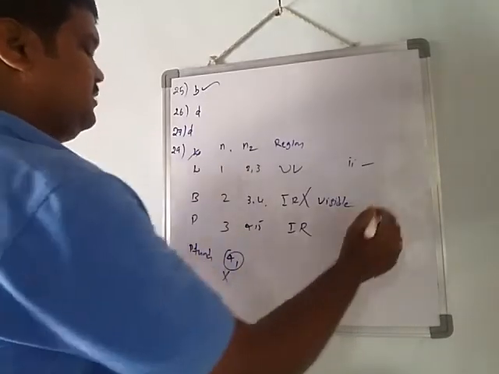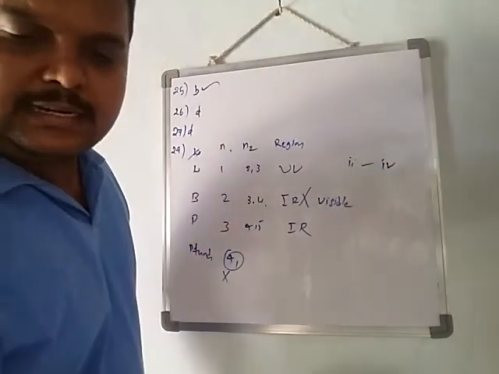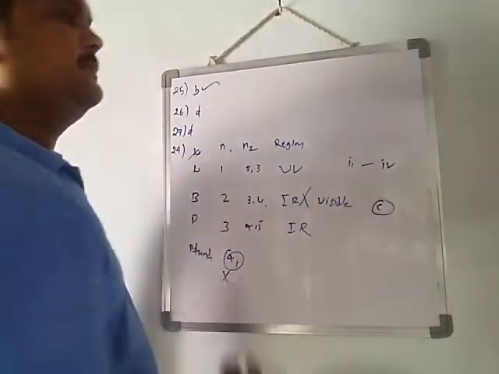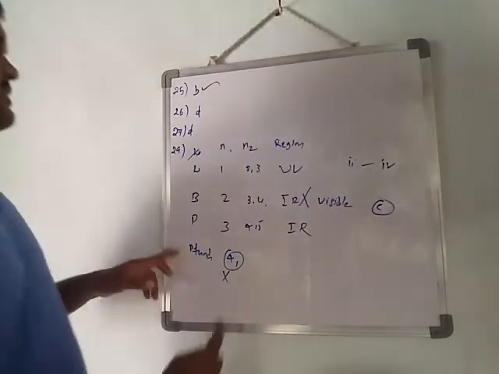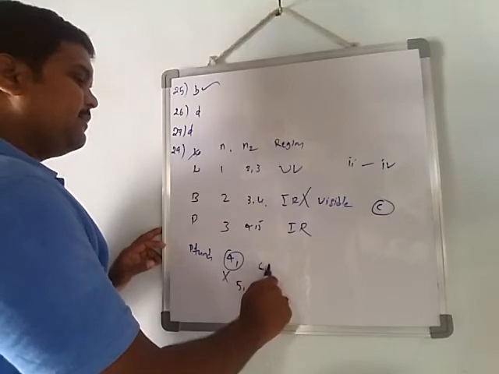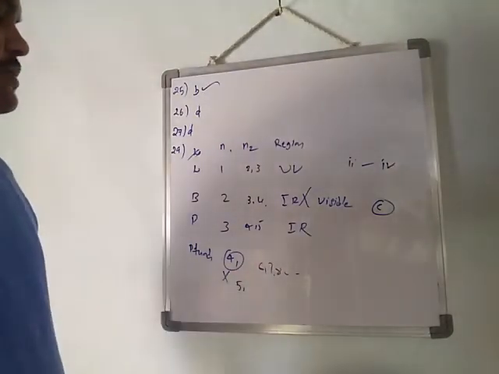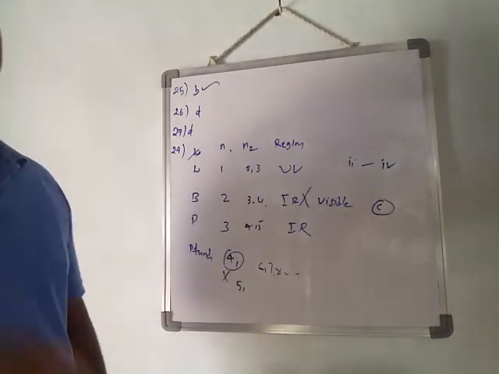So this is wrong. So options 2 and 4 are wrong. Which option is correct? Option C is correct. Is it clear? Actually Pfund starts from N1 equal to 5, N2 equal to 6, 7, 8 and so on. Yes or no? So option C is correct.